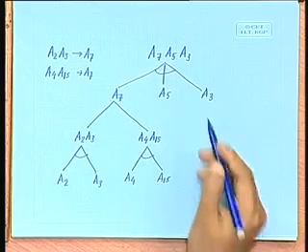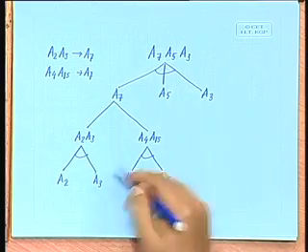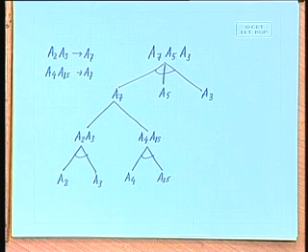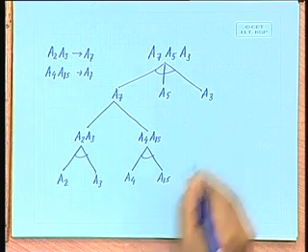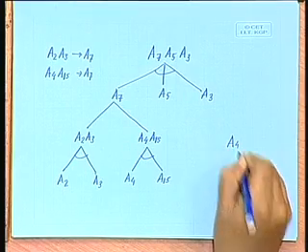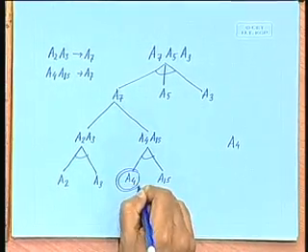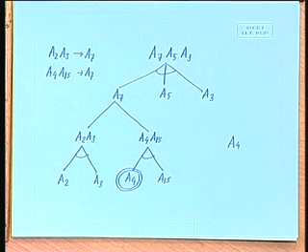And then again we see what rules can give us A3. We go backwards until we hit upon the set of basic facts that are given to us. Suppose it is given to us that A4 is a fact, A4 is always true. That means that this is a node which is solved.